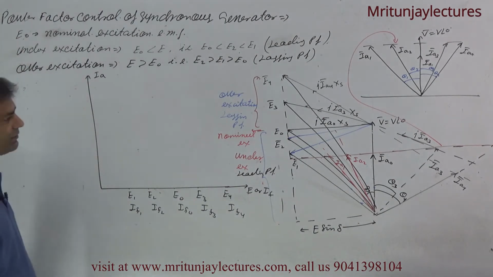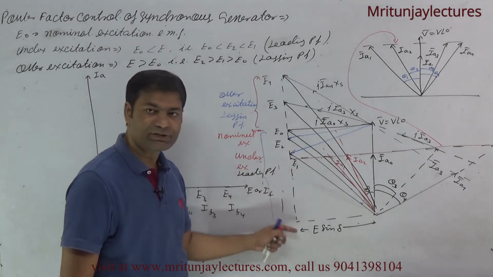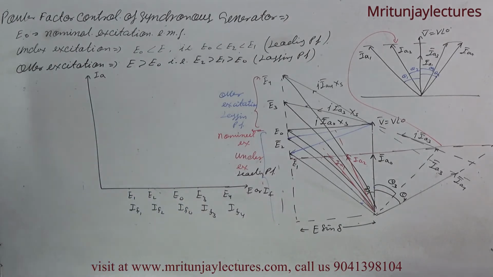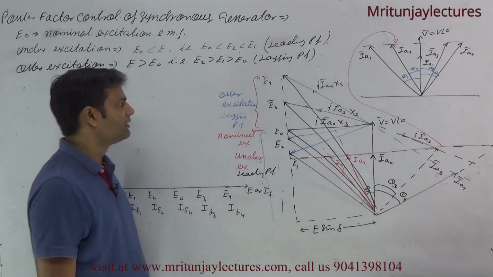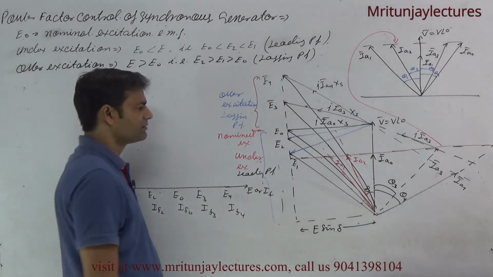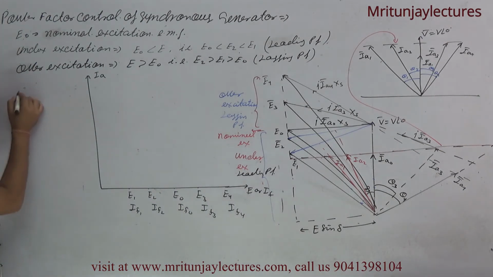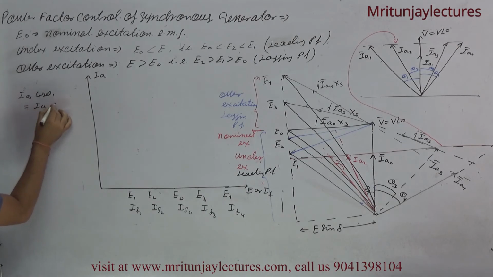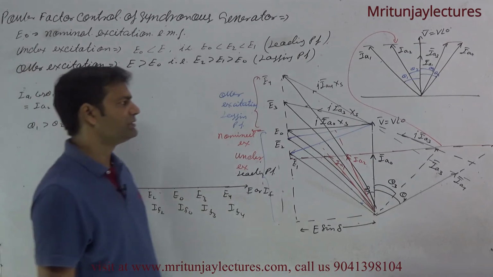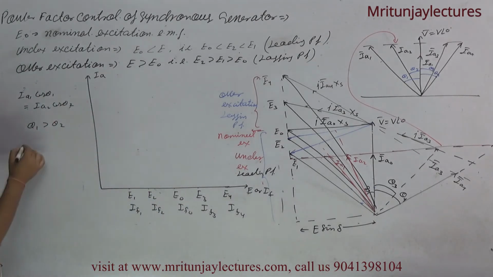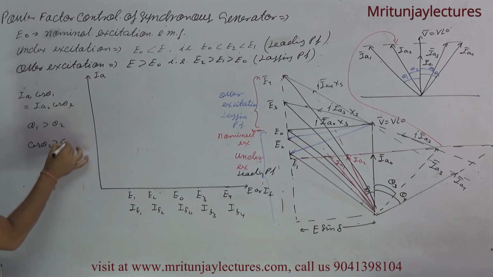Now focus first of all on under excitation. Under excitation, EMF increases. What about current under excitation? IA1, IA2. IA1 into cos theta 1 is equal to IA2 into cos theta 2. Clear? In this region, theta 1 is greater than theta 2. It means cos theta 2 is greater than cos theta 1.